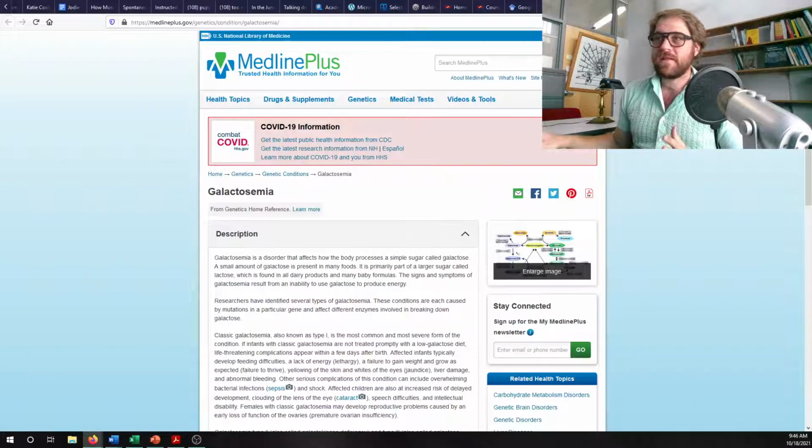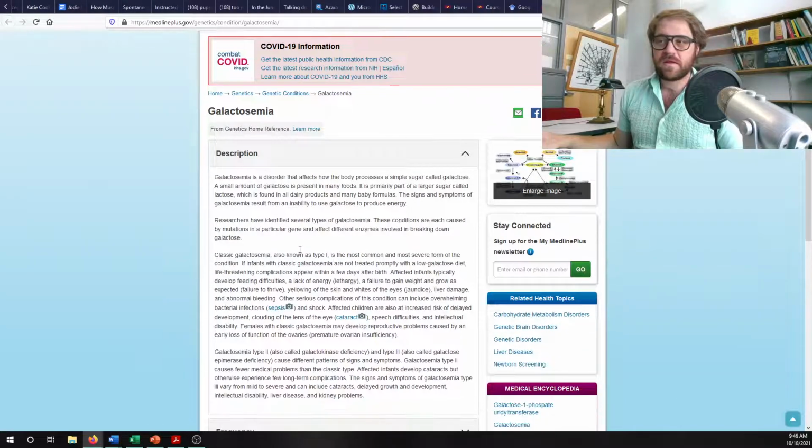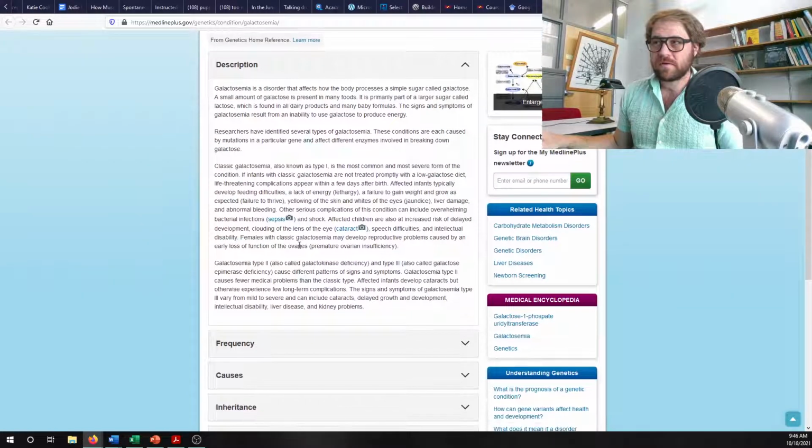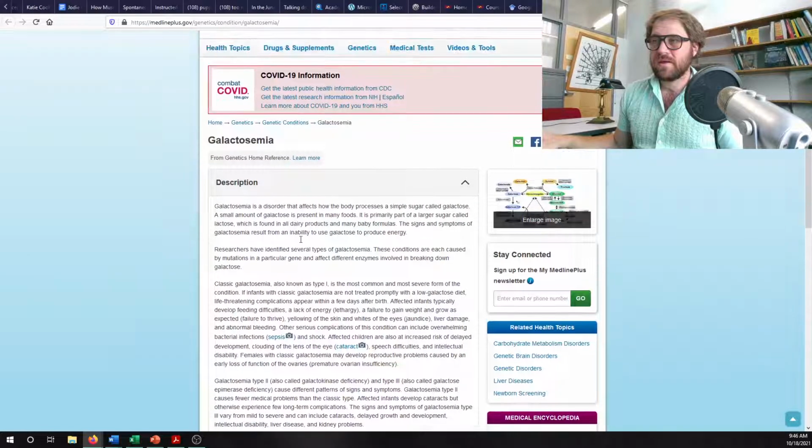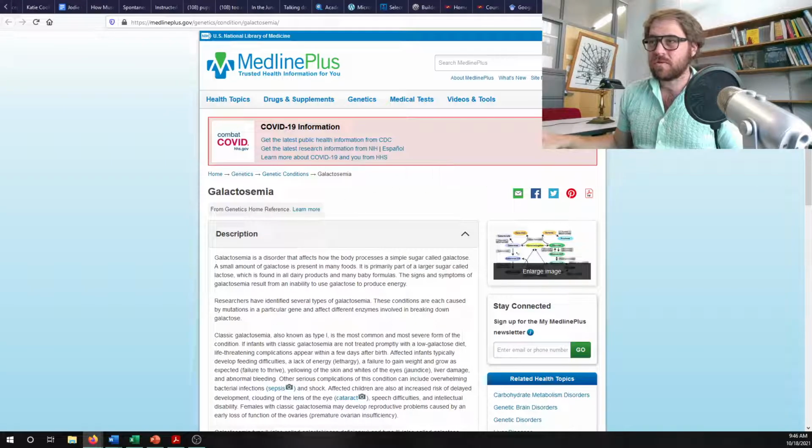So something like this, Medline Plus, looking at galactosemia, this is not a scholarly journal article. Something like a news story about galactosemia is not a scholarly research article or a journal article. It doesn't have to necessarily be research, but it has to be a journal article.